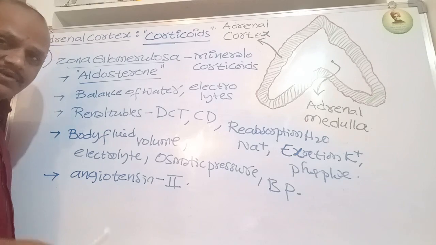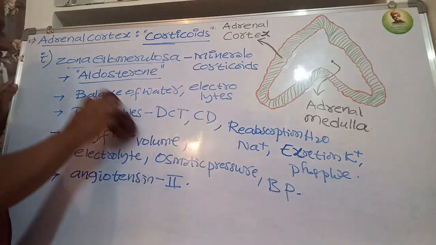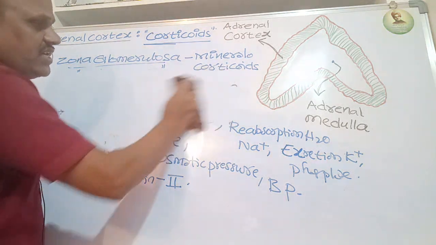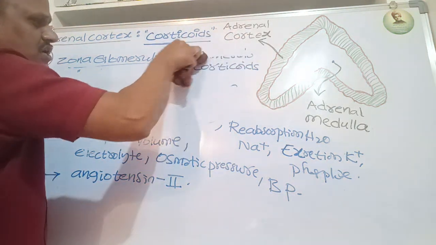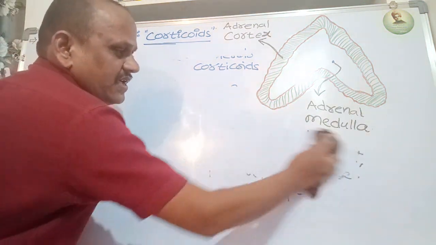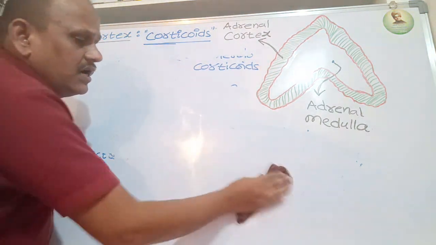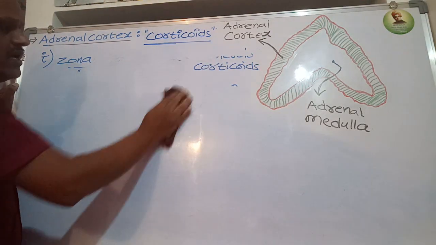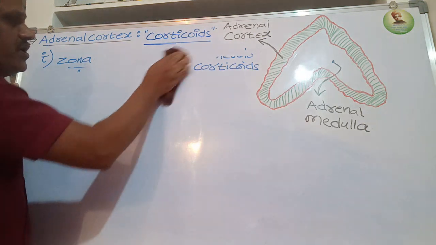Next, we are going to discuss the second zone, the zona fasciculata. The hormones secreted by the zona fasciculata are known as glucocorticoids.